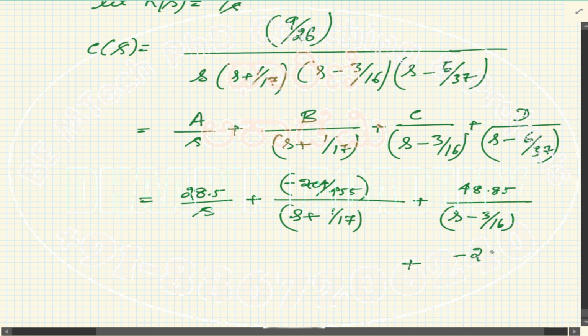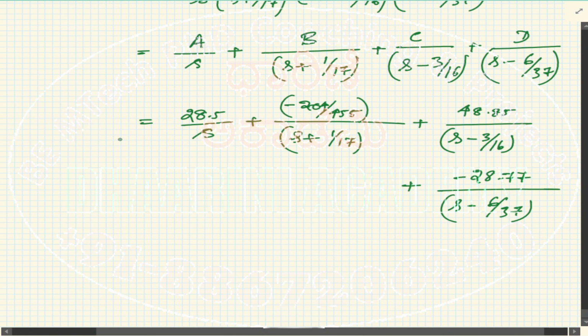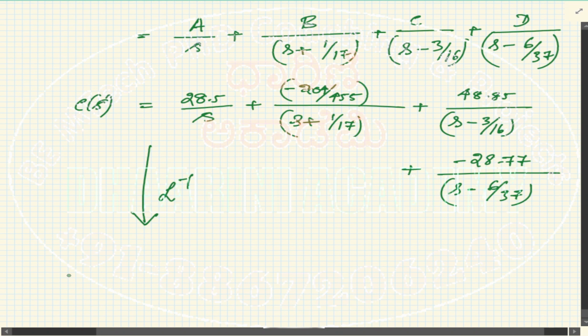Minus 28.77 over s minus 6. So this means this is the C of s. Let's take the L inverse to get the C of t.